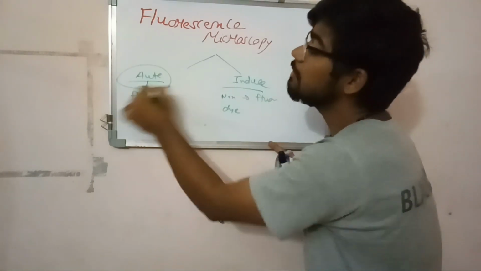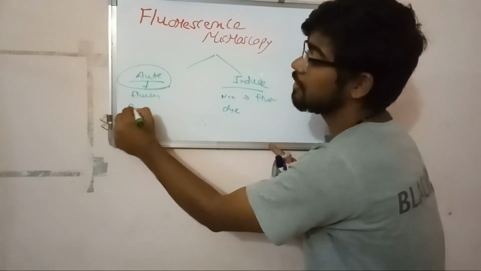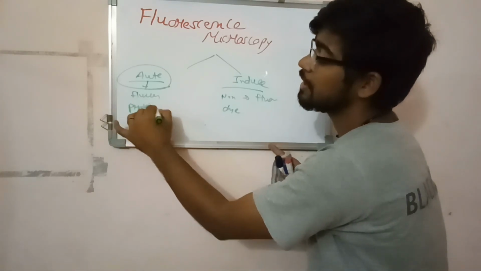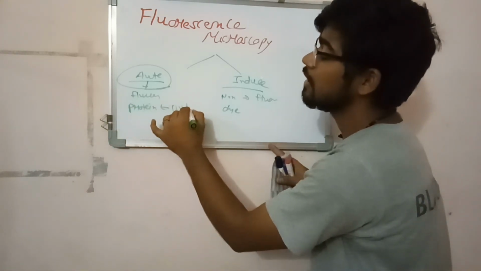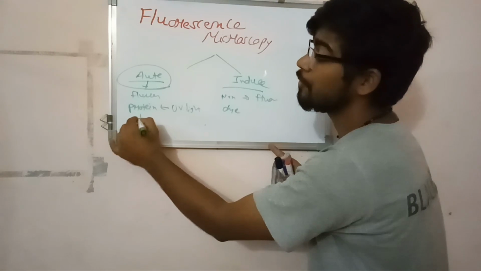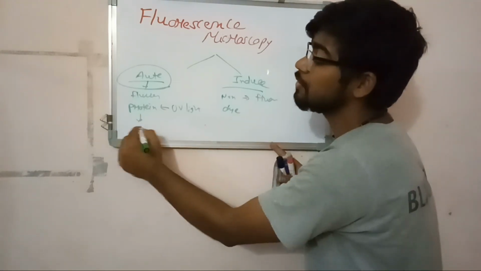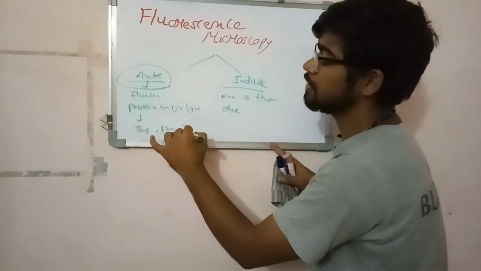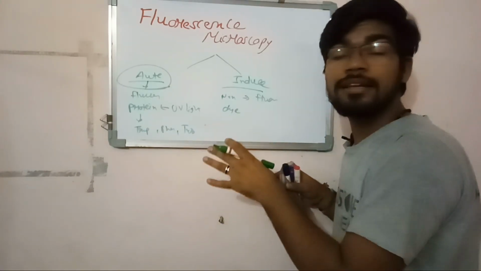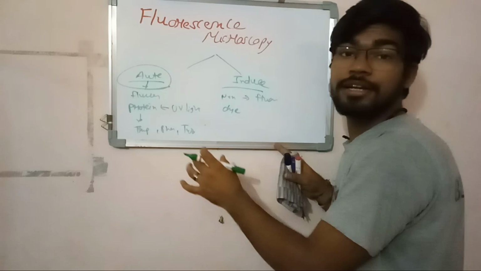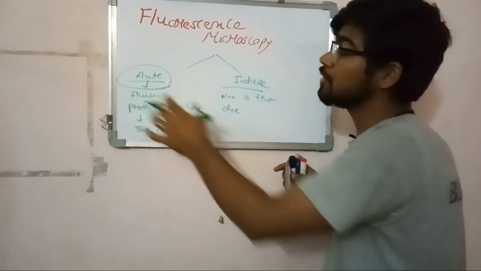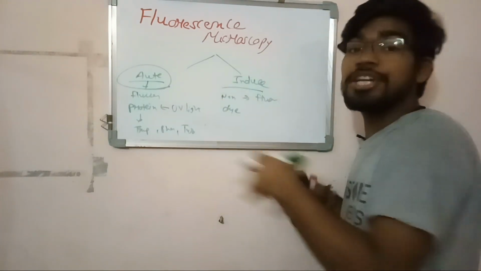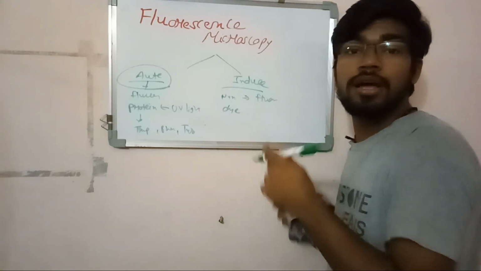For example, proteins absorb UV light and give off light due to the benzene ring present in tryptophan, phenylalanine, and tyrosine. These three amino acids have a phenyl ring, that's why they give light in the UV region. So it's called autofluorescence.